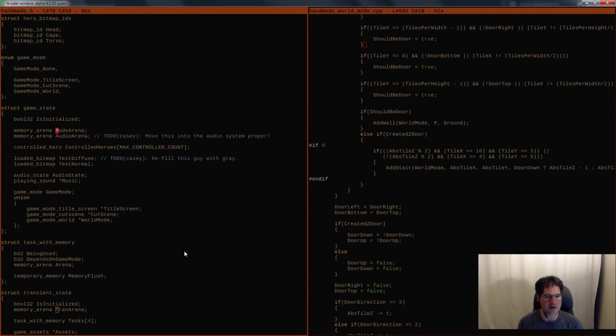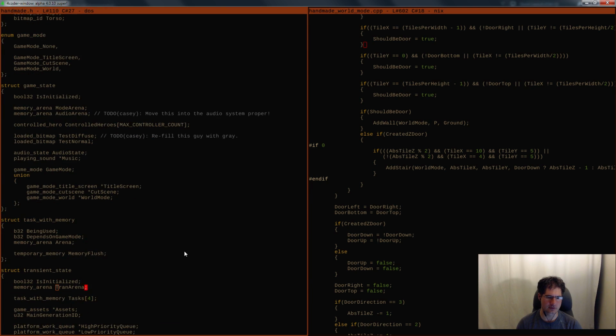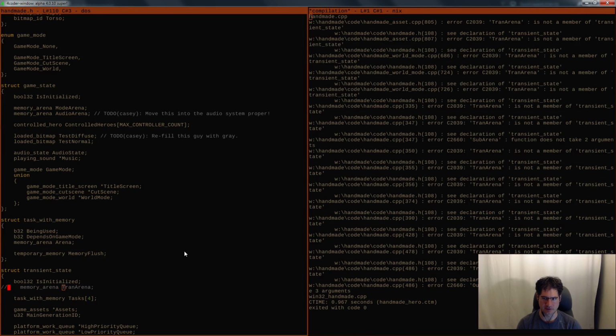I would say that the mode arena is really the arena, or rather something that tracks with the game mode, where the particle systems really more belong to a certain extent, right? And so I don't know, these things I think want to be a little more formalized here, and I don't know to what extent this ever really wants to be used.